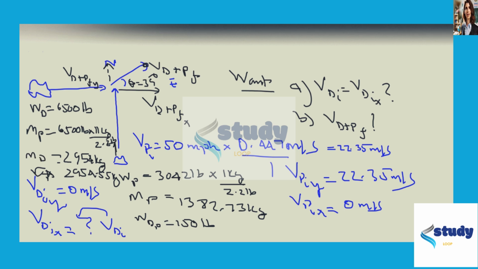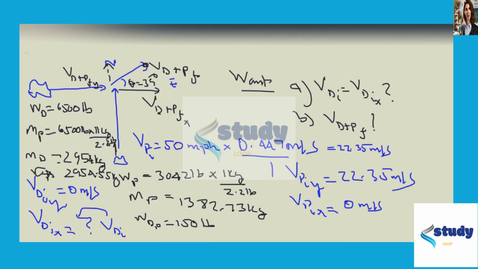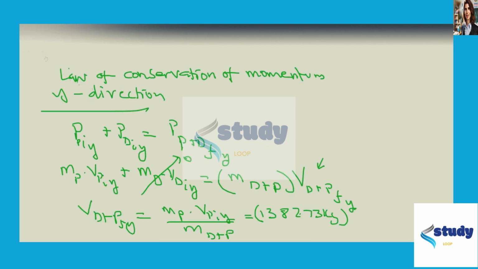Let's not confuse it with the Prius. The mass of the Prius is 1382.73 kilograms, times the velocity of the Prius in the y direction, which is given as 22.35 meters per second.